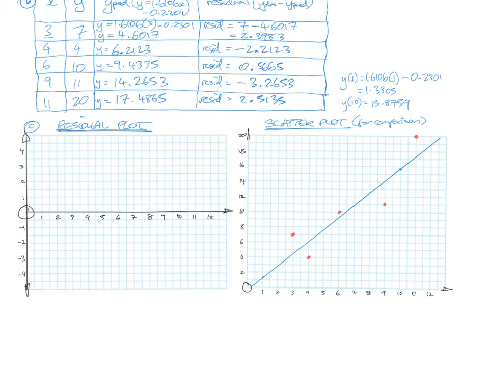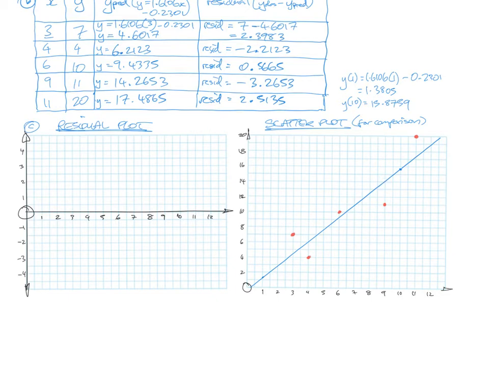The next residual indicates that this jump from the least squares regression line down to the data point is negative 2.2123. It's below. The next one, as we spoke about, the residual was much smaller, much closer. You can see this dot is above, so it's a positive residual, but much closer to the line. Here we've got a further away one. It's down by 3.